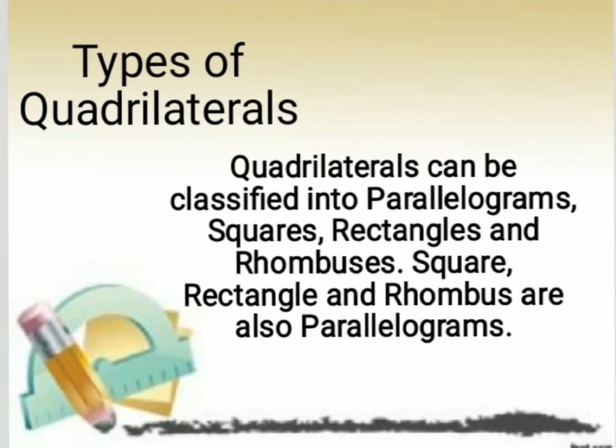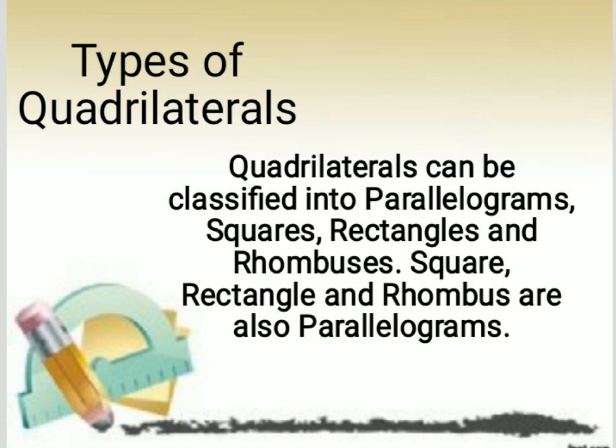The quadrilateral can be classified into parallelograms, squares, rectangles, and rhombuses. Square, rectangle, and rhombus are also parallelograms.